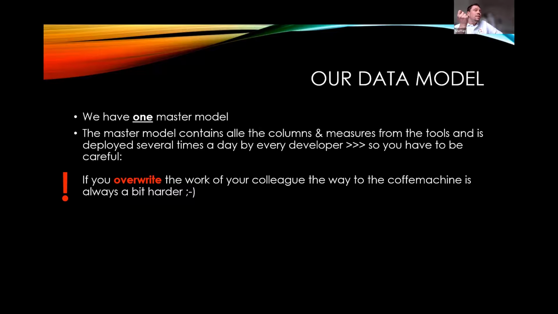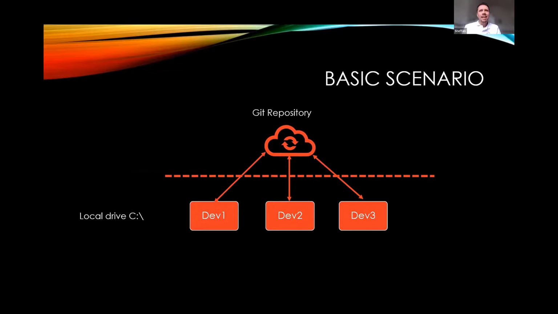It's even worse if a dev debugs something and you deploy the error again by mistake, because it was still present in your local version. So please be careful on that. It happens all the time.